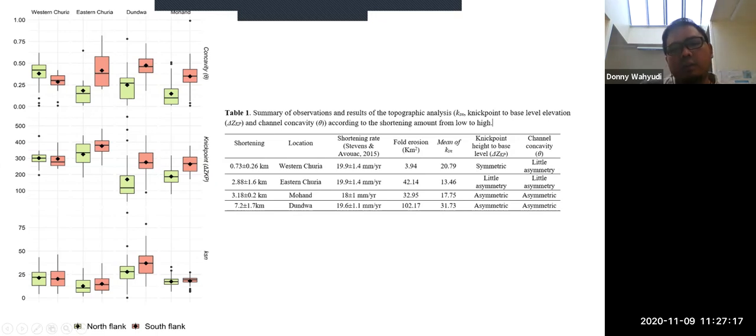So if we sort these metrics according to the shortening amount of the structures, from the lowest here in Western Churia to the highest here in the Dundwa range, it seems that the KSN is directly proportional to the shortening amount, as well as the concavity, as well as the asymmetry of nick point and channel concavity.